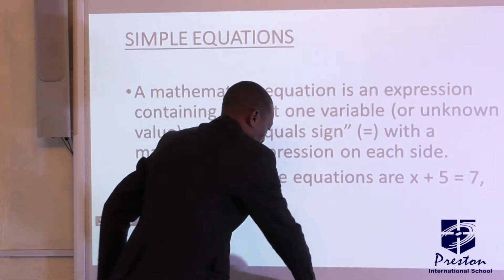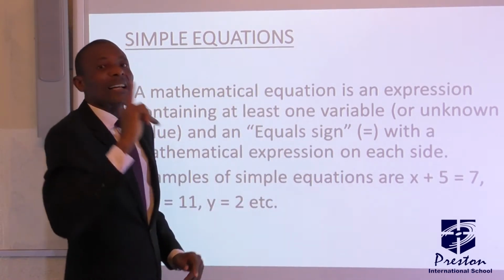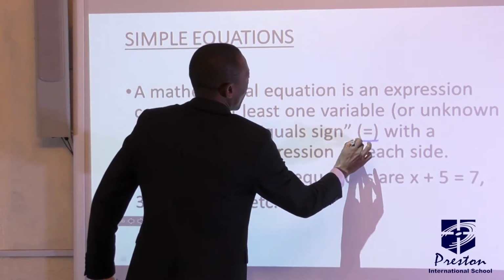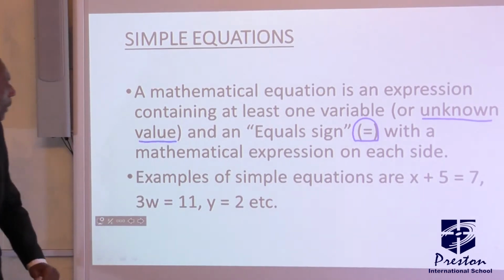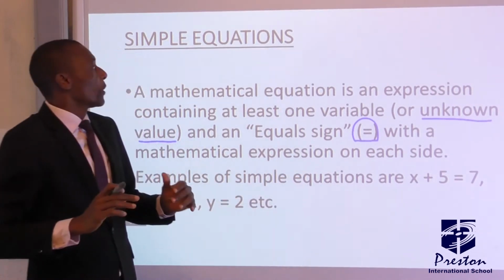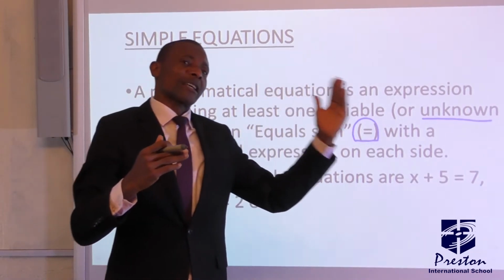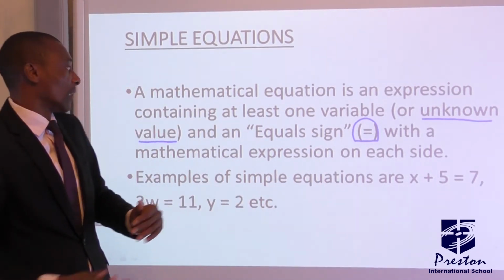So take note, every equation must have at least one variable, one unknown, and then an equal sign, with a mathematical expression on each side. The reason why they call it an equation is because whatever you have at the right hand side of the equals sign must equal the one at the left hand side.